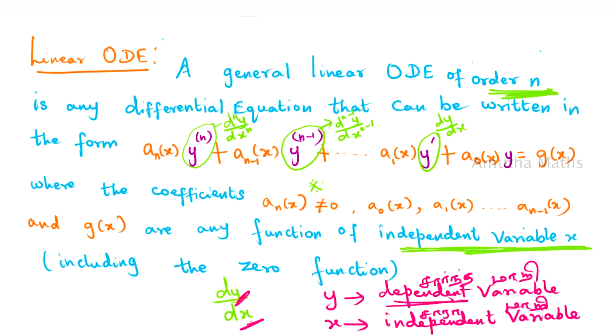Whenever you have dy by dx, y is the dependent variable. மேல எது இருக்கோ dependent. So whatever is in the numerator is the dependent variable, and whatever is in the denominator is the independent variable. கீழ என்ன இருக்கோ அதுதான் independent variable, சாரா மாறி.